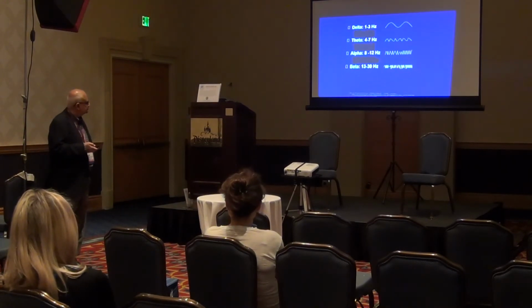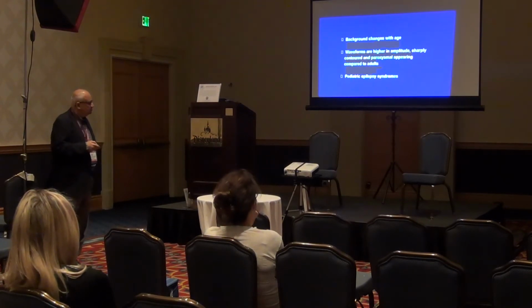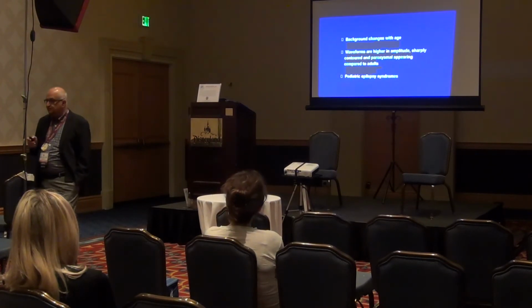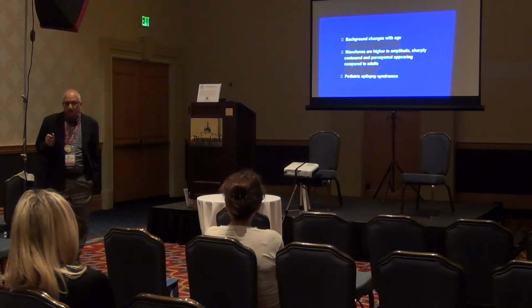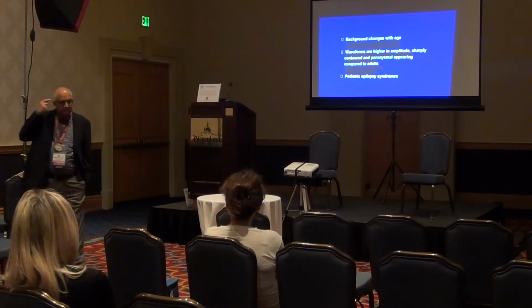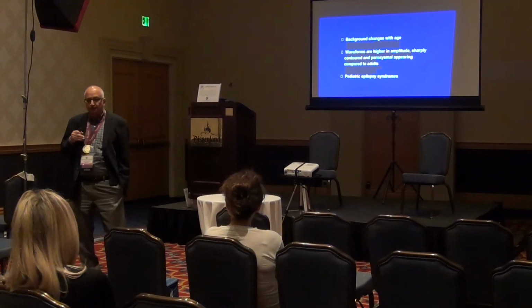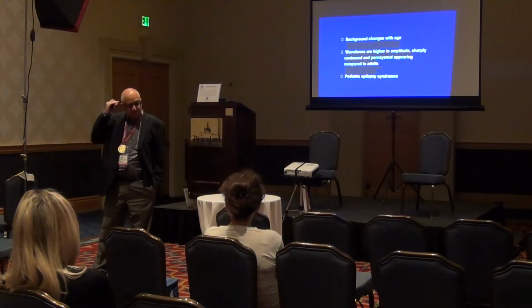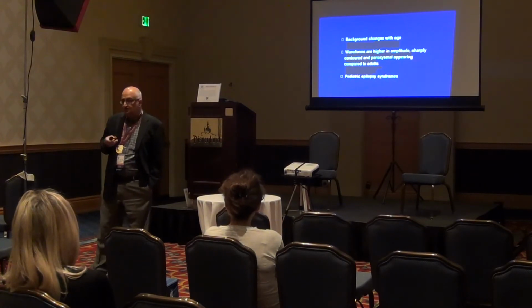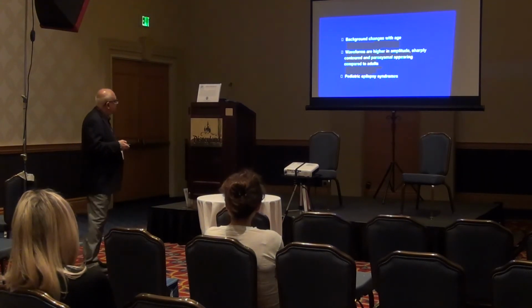So now, we want to point out to you that the background actually changes with age, right? The so-called alpha rhythm in the back that I told you, that's very important to us. That's how we judge slowing, etc. That's, in an average person, around 10, 12 cycles, right?